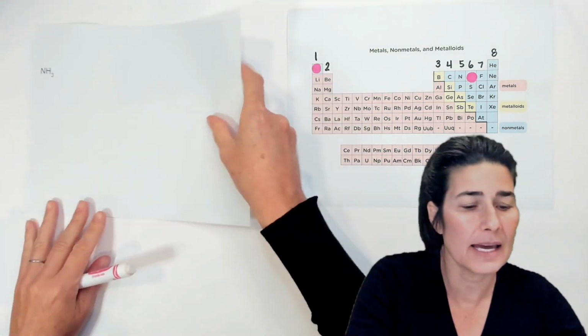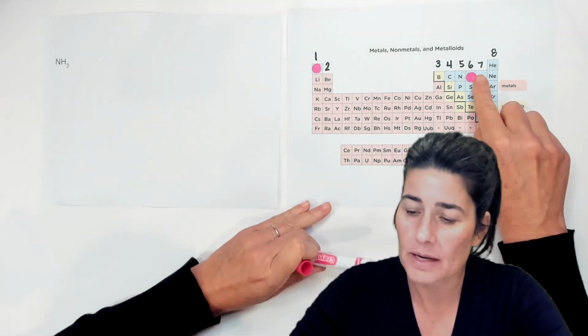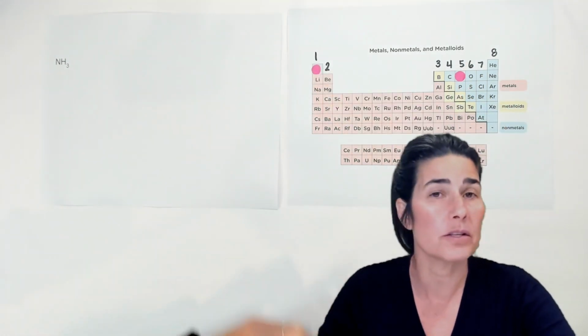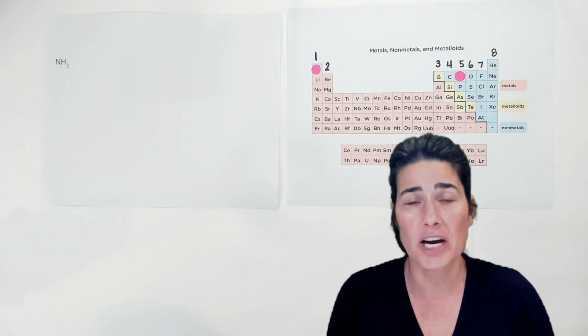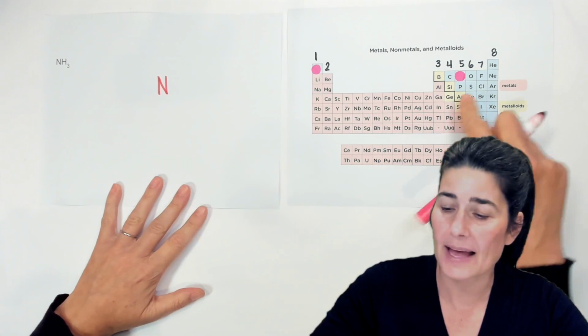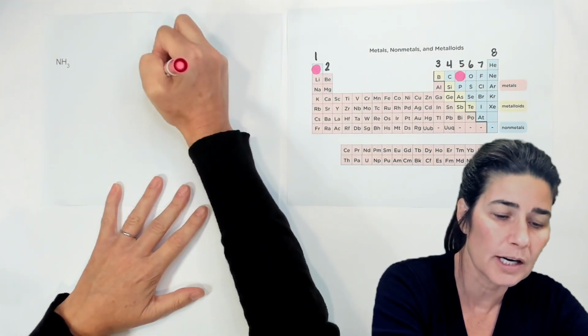Let's try ammonia, NH3. So nitrogen is a nonmetal. Hydrogen is also a nonmetal. We're going to get a covalent compound where we share valence electrons. So nitrogen has 5 valence electrons: 1, 2, 3, 4, 5.